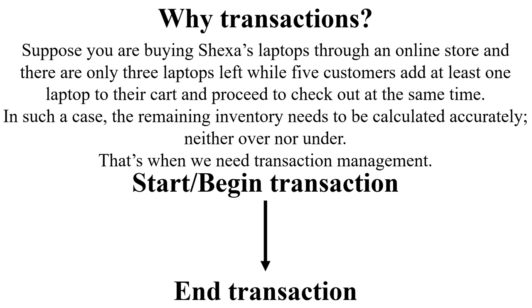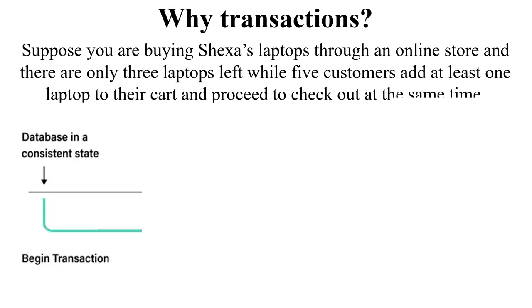So let's say we have our database. A database must be in a consistent state, right? As it is in a consistent state, we begin a transaction while the database is in a consistent state.